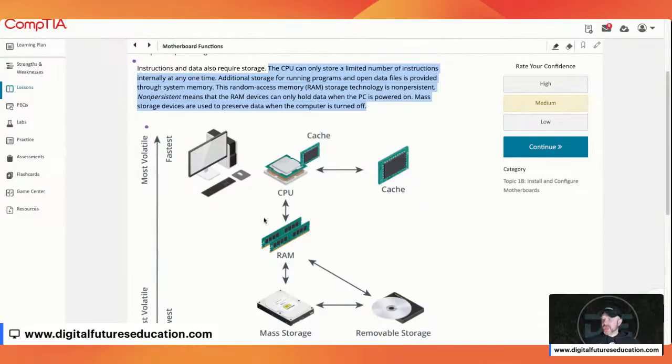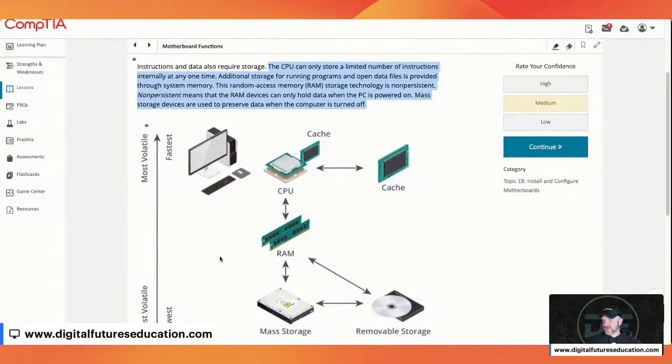So just remember that RAM is memory, but it is not memory which is actually storing data. And when the computer is turned off, memory that is on the mass storage devices stays there. Memory that's on the RAM disappears, so it needs power to maintain itself.